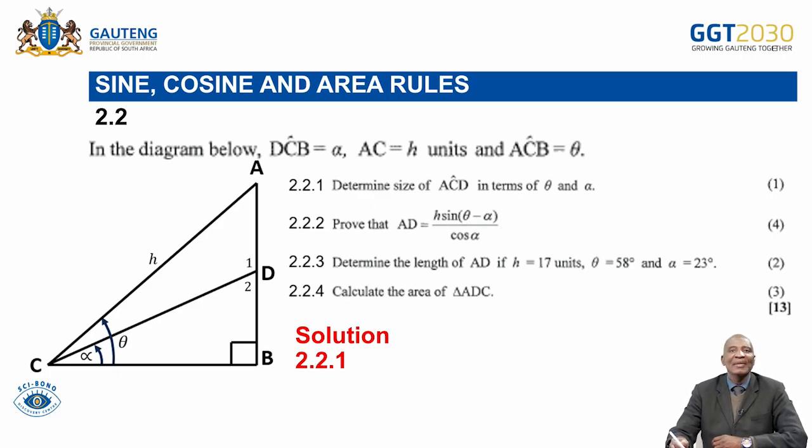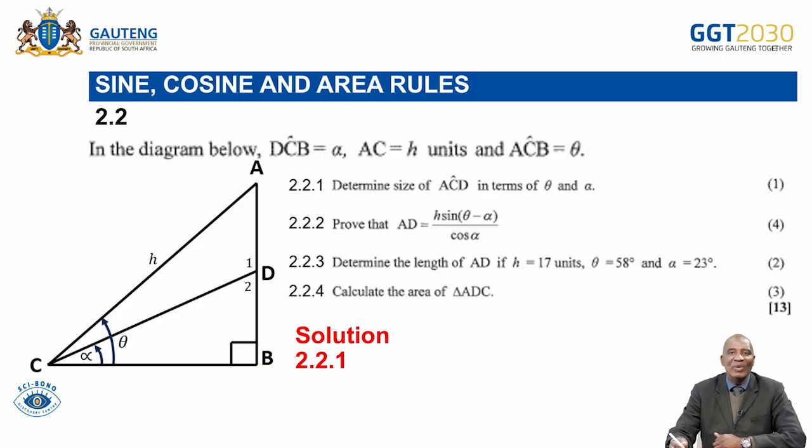2.2. This one is very, very tricky. It looks simply a diagram, but it's tricky along the way for 13 marks. That 13 marks is part of that 2.1. Right, the question says in 2.2, in the diagram below, DCB equals alpha, and then AC equals H units, and angle ACB equals theta degrees.